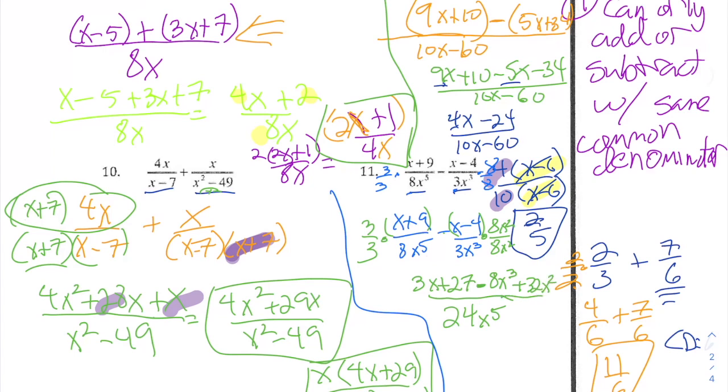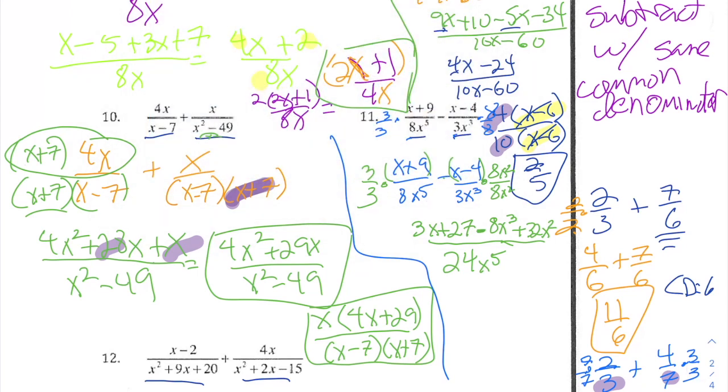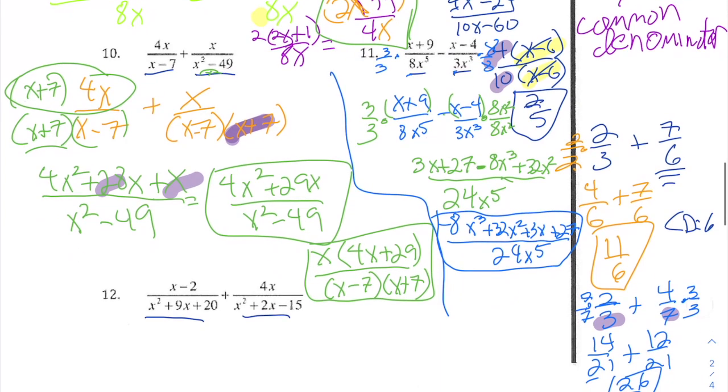Let's rewrite it in descending order. So 8x cubed goes first: negative 8x cubed plus 32x squared plus 3x plus 27, all over 24x to the 5th. And there are no common factors, so that is your answer.